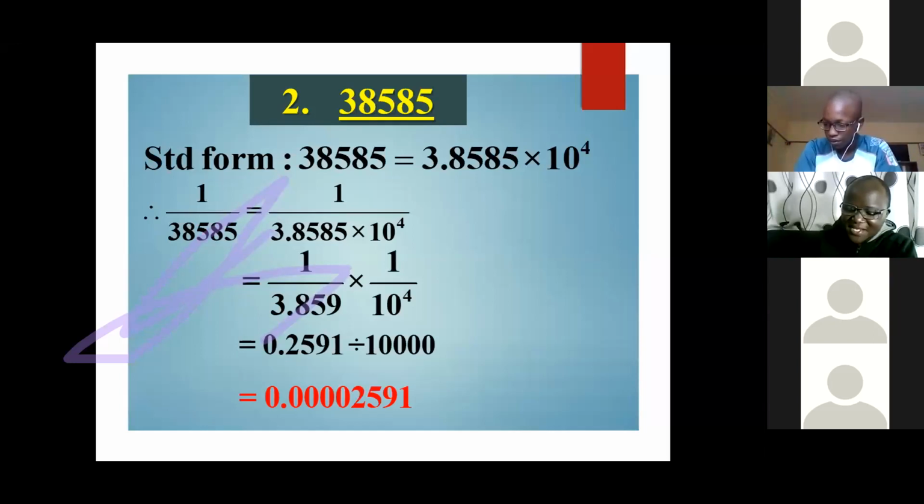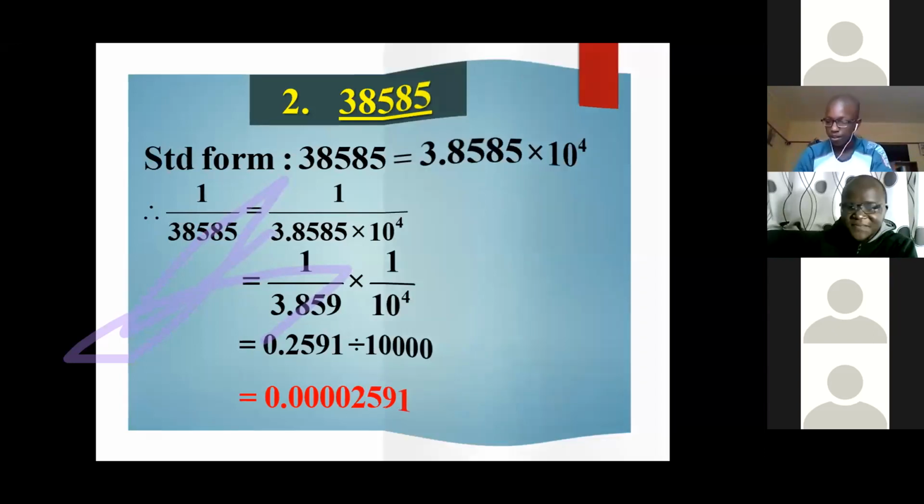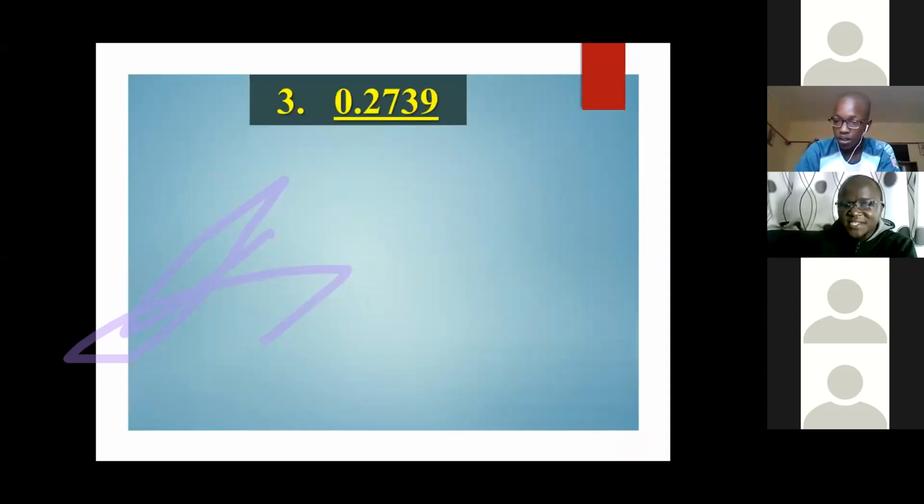So we've dealt with numbers that are greater than 10. In the next two examples, we'll deal with numbers that are less than 10. Our first one is 0.2739.